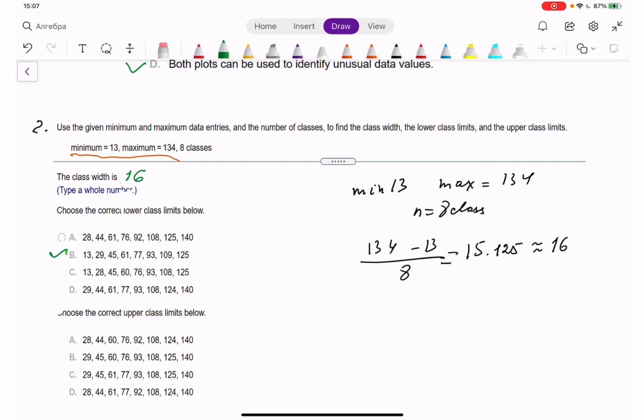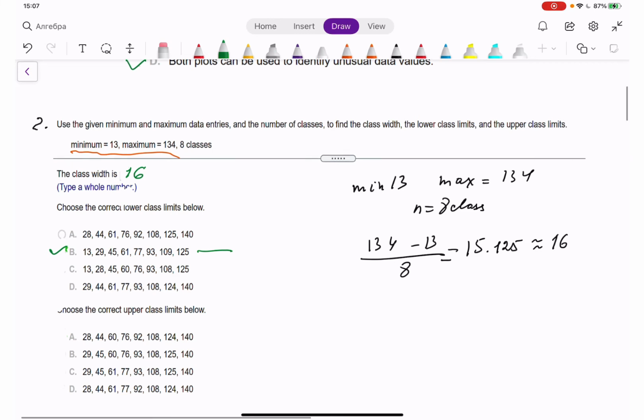The class width has to be the same when you subtract numbers within the given data: 29 minus 13, 45 minus 29, 61 minus 45, 77 minus 61, and so on. We see 16 everywhere, and that will be our class width.